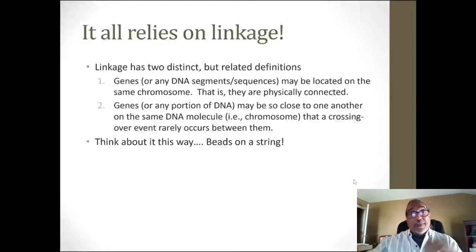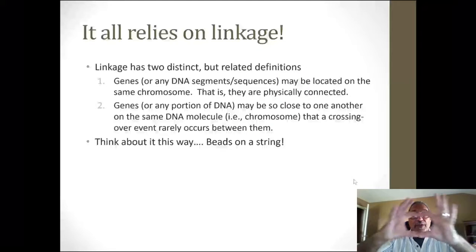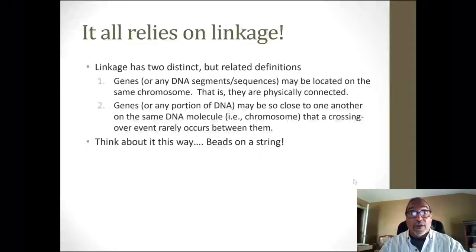Remember that when we think about, here's my imaginary bit of DNA, and it strings along here, we have an individual chromosome here. If it's eukaryotic, it's a linear chromosome, could be a circular chromosome if we're talking prokaryotes. And by definition, some DNA segments are closer to one another than others.